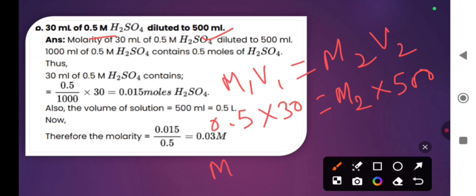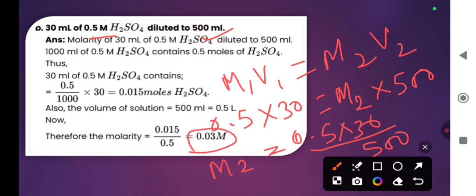So M2 you can get as 0.5 multiplied by 30 divided by 500. By this way you get the answer, which is 0.03 molarity. This is the alternate method. I think it is the easier method, so you can use it and easily solve the numerical.